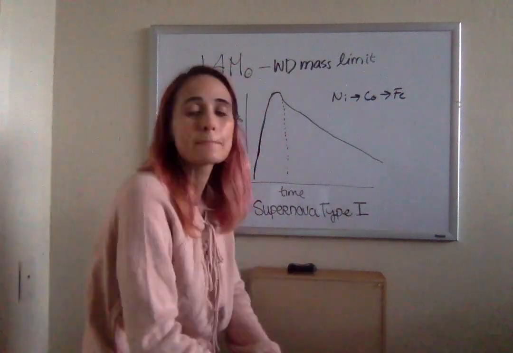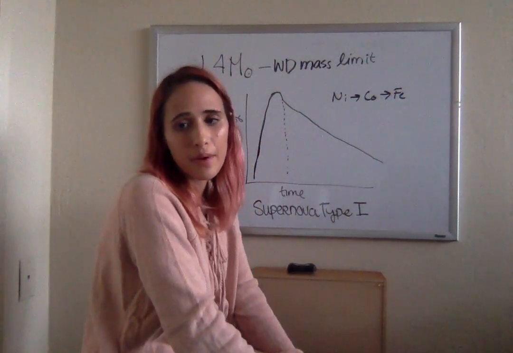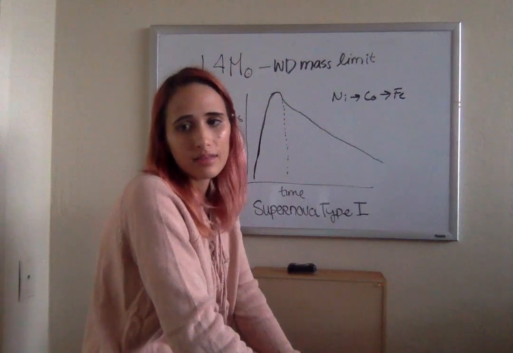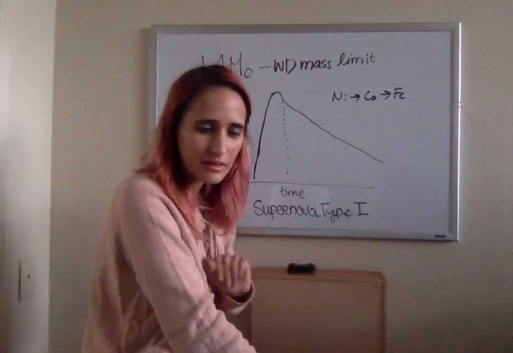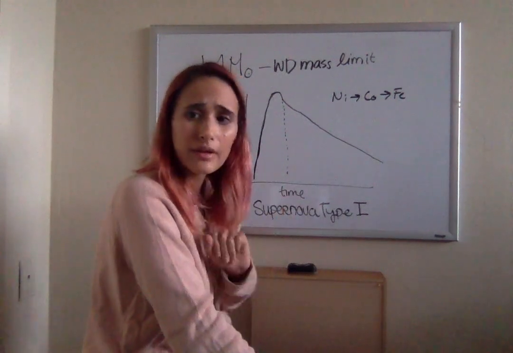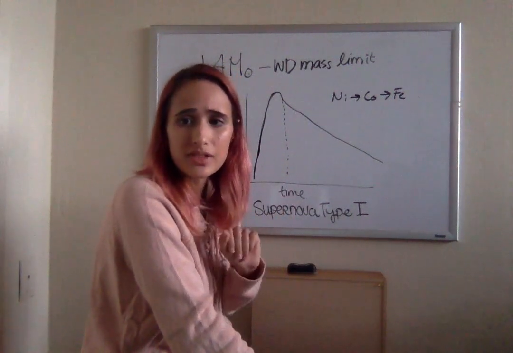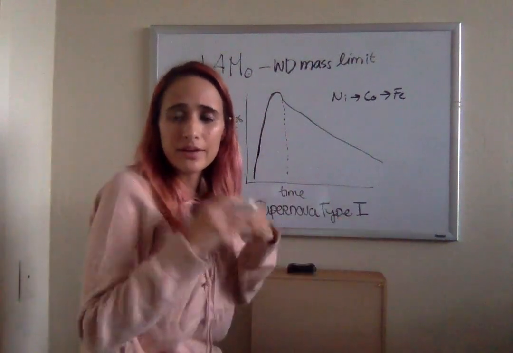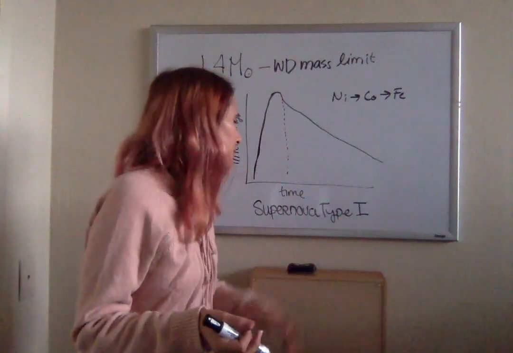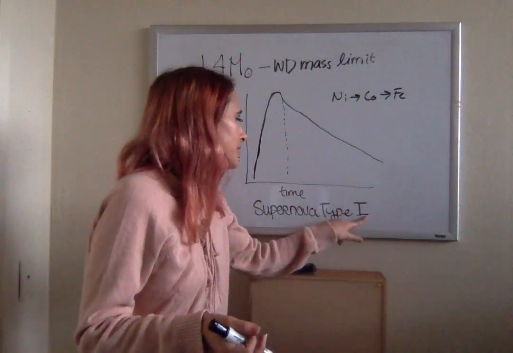Right? Type 2 supernovae are what we did in the previous part of this class. That's the core collapse, where you have a massive star, the core collapses down, you have a big explosion of the outer layers, and you're left with a neutron star or black hole, right? This type 1, this is a white dwarf supernova.